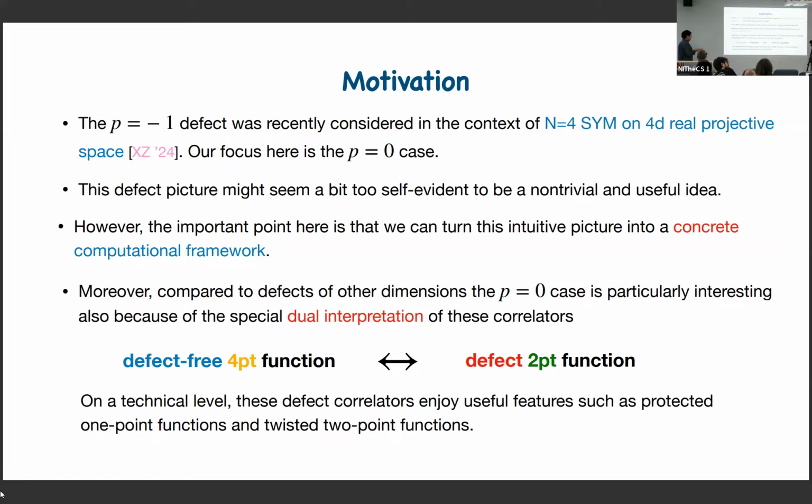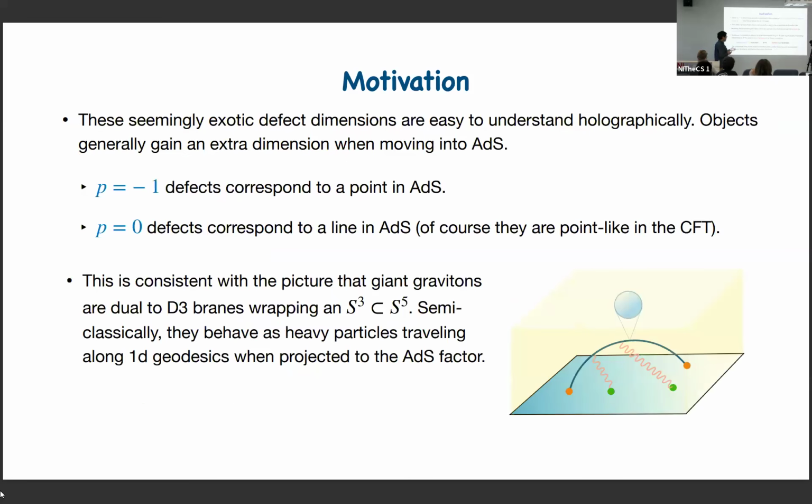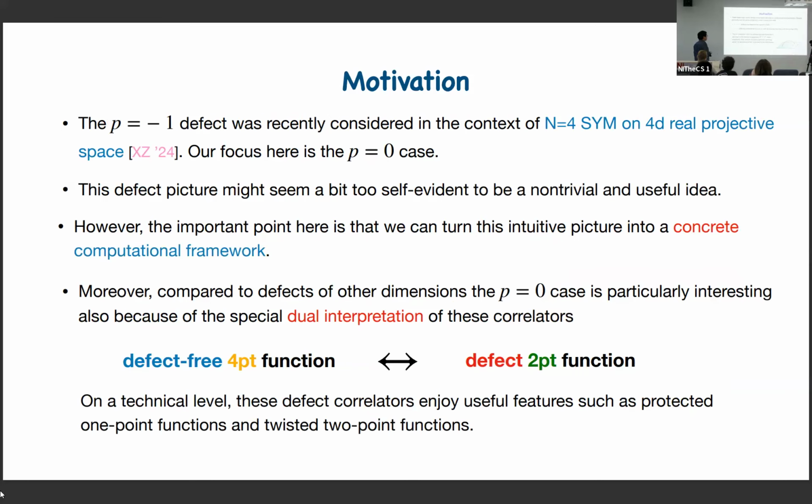Okay, so for P = 0, at this point, it seems a bit self-evident, right? It's a very natural idea: in the bulk, you have a line. So it turns out we can actually get a lot out of this seemingly trivial idea.